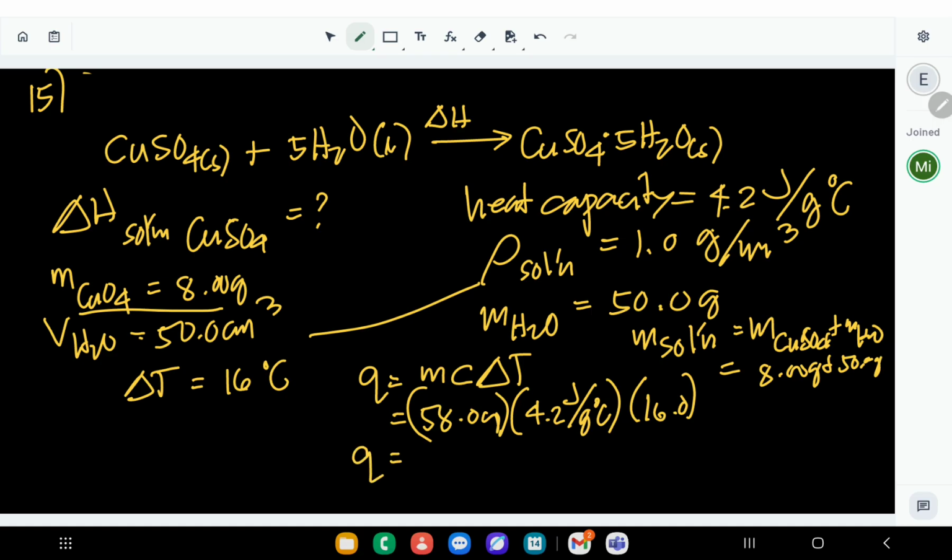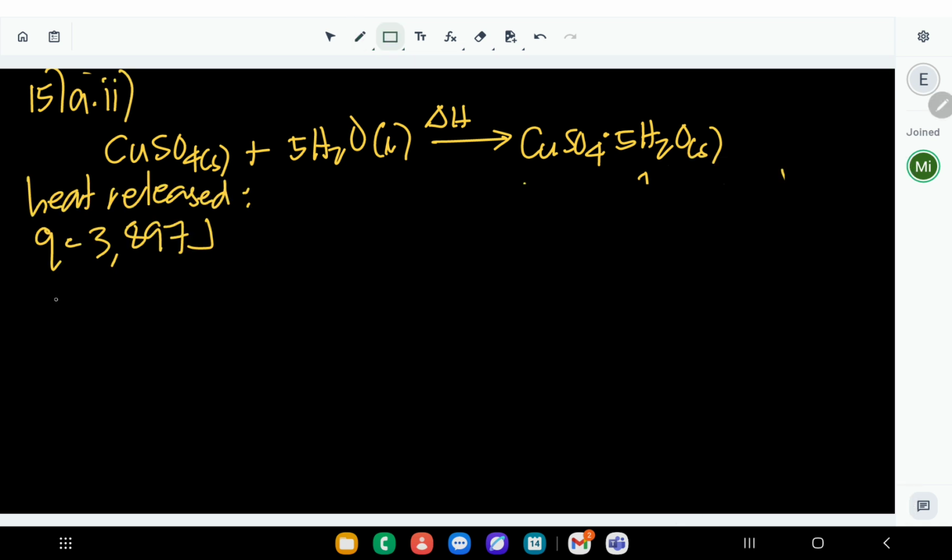What is 58 times 4.2 times 16? So this is 3,897.6 joules. And then we can solve for the number of moles of copper sulfate.